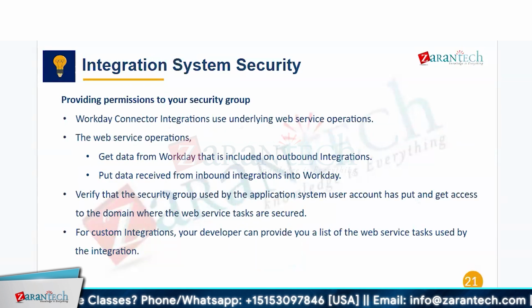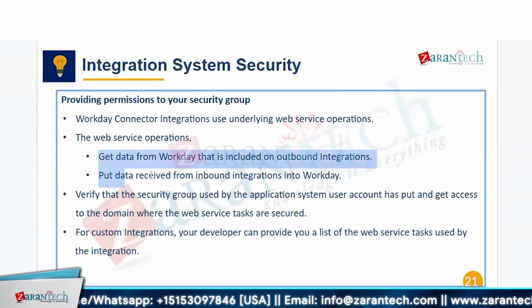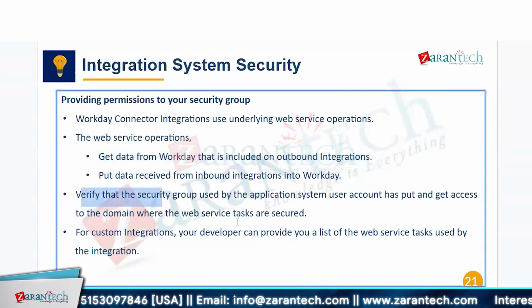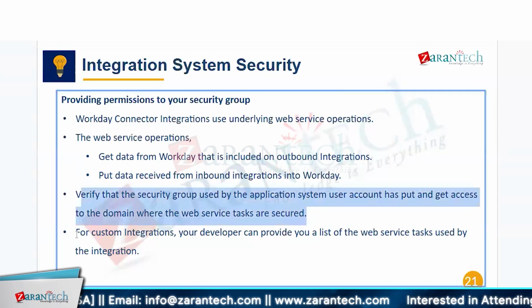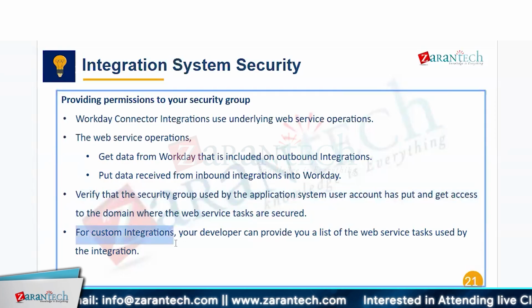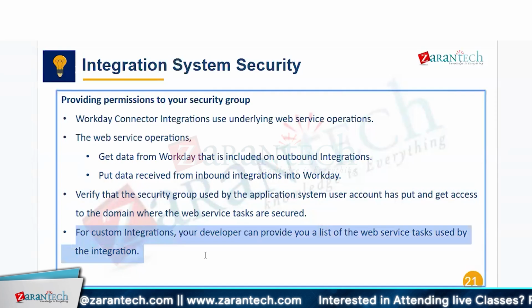For providing permissions to a security group, as we talked about, we need to get the web service operations, get both fields and all those things that are required, and verify that the security used by the integration system user account has put and get access. Again, treating the same thing that you need to verify. For custom integrations, your developer can give you a list of web service paths used by the integration. That's where, when you call APIs or use any web services within Studio, you will have a list of web service tasks or operations coming your way.